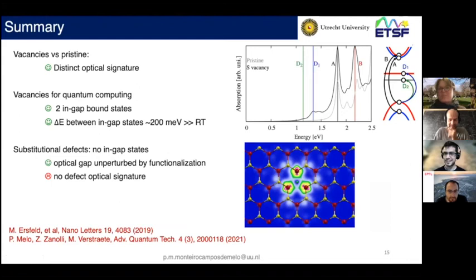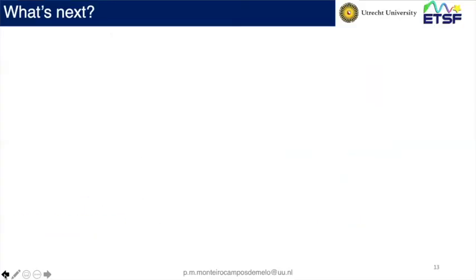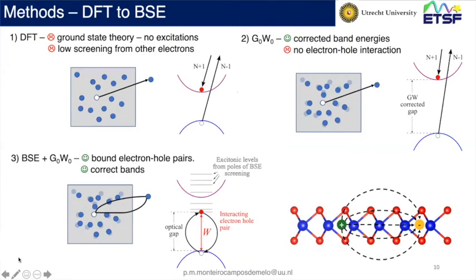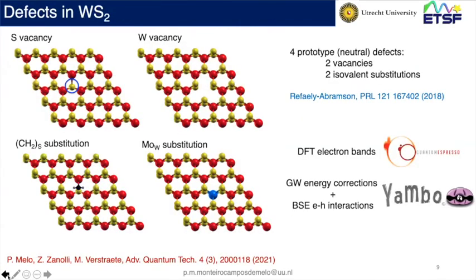Yeah, just a question on the defects. Are those stable, and are they thermodynamically the most common, or do you say prototypical? So let me get the list of them. These three, the S vacancy, the CH2 substitution, and the Mo-W substitution, are thermodynamically stable.